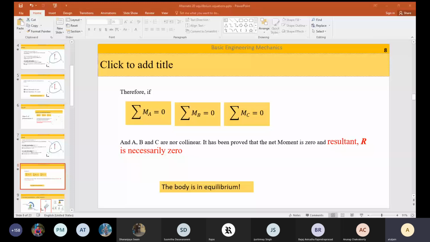Or you can say that I want to take moment about 2 points and summation of forces in a certain direction. That is also okay. And another point is, you could say, no, I want to take moment about 3 points. All 3 of them are fine. All 3 of them will ultimately lead to the same equation, because all these equations are interdependent on each other. You can choose any one set of equilibrium equations that you like to solve your problems.